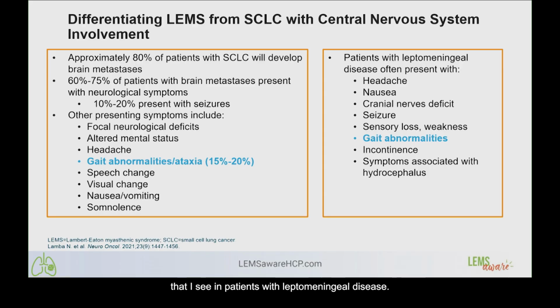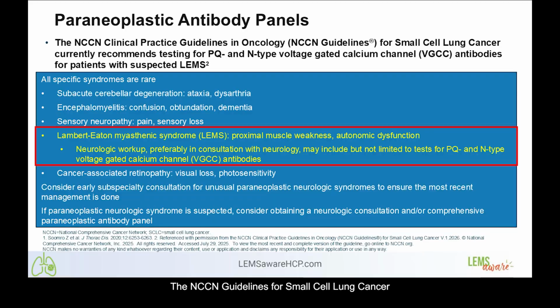The NCCN guidelines for small cell lung cancer currently include the recommendations listed on this slide. For patients with small cell lung cancer and symptoms that are indicative of Lambert-Eaton myasthenic syndrome, or LEMS, including proximal muscle weakness and autonomic dysfunction, a neurologic workup, preferably in consultation with a neurologist, is recommended.